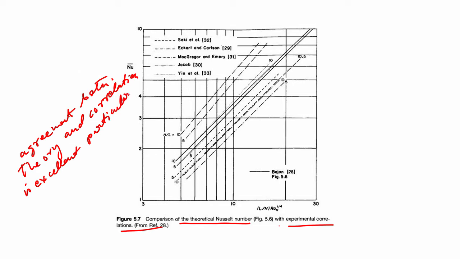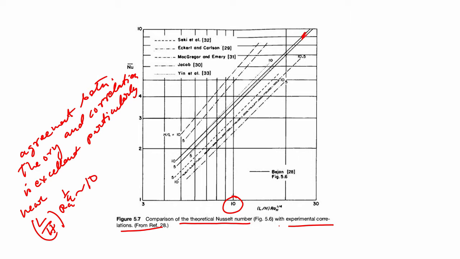particularly near L by H Ra_H to the power of 1/4 being about 10. Right around here, in that particular regime, the relationship between the correlation and the experiments is good, because this is the line of Bejan.